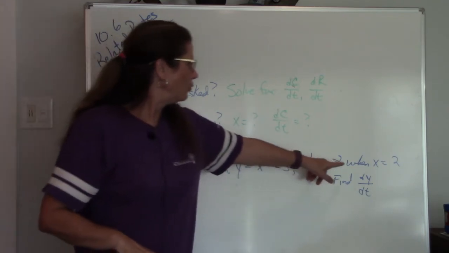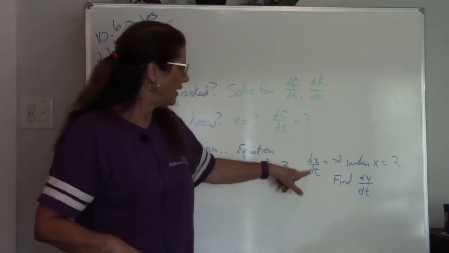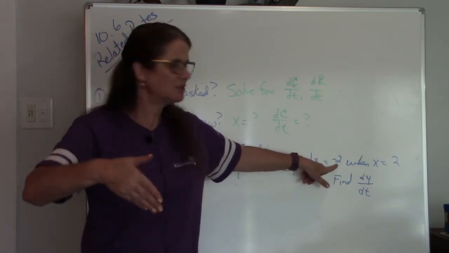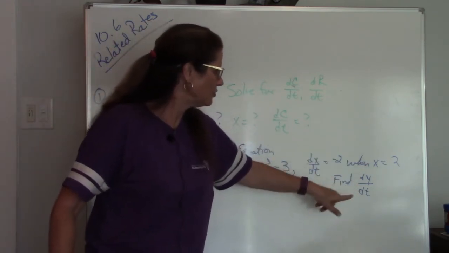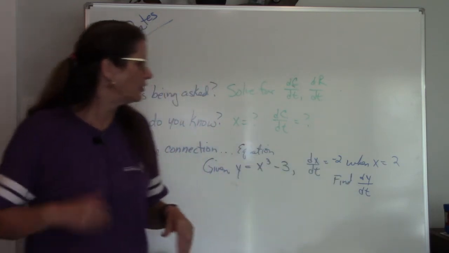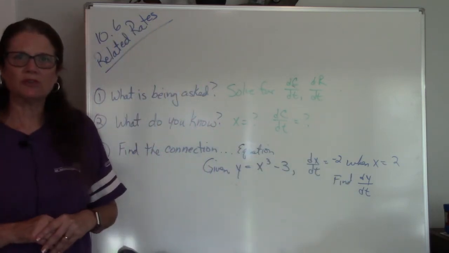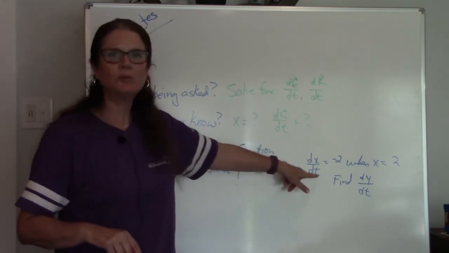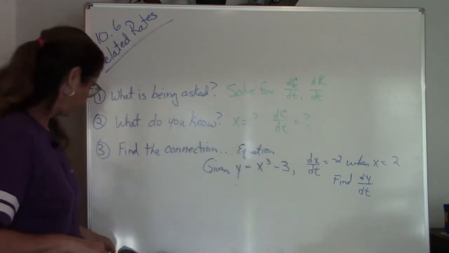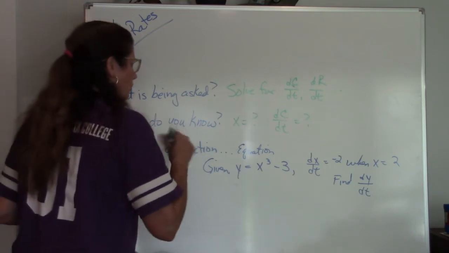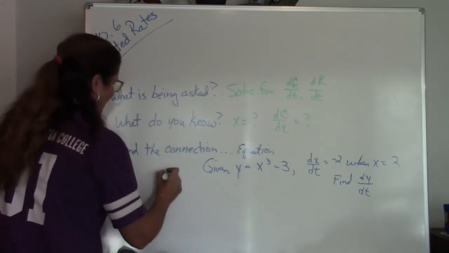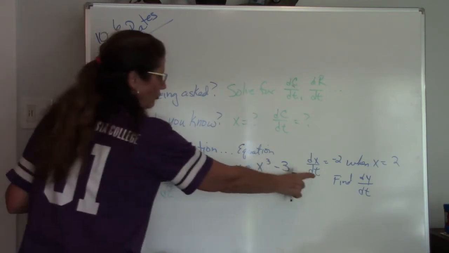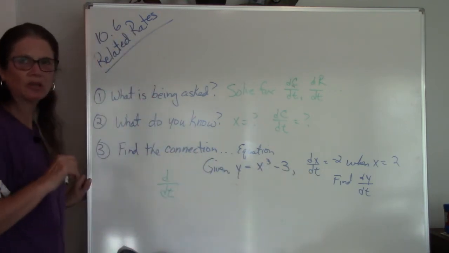Okay? When x is 2, the rate that x is changing in terms of time is -2. That means it's decreasing. When x is 2, I want you to find the derivative of y in terms of t. So this right here is going to be your key. We're going to go through the same process. Now I'm looking for the derivative in terms of t. Whatever variable is on the bottom, that's what you're going to use.